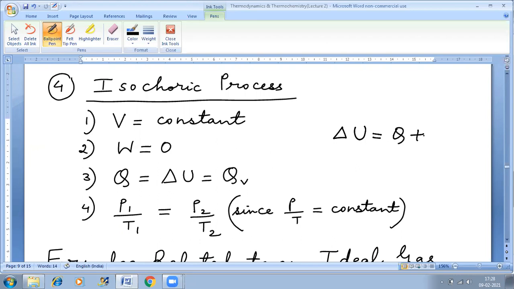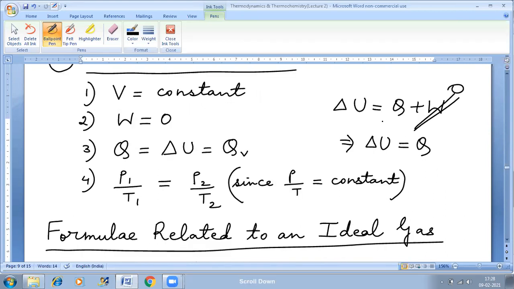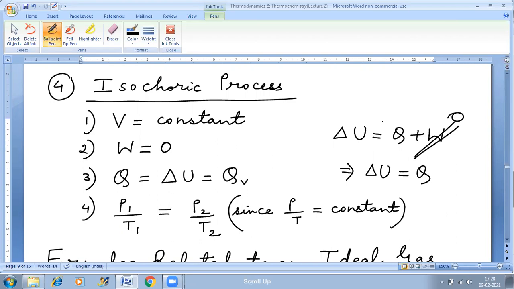Delta U is equal to Q plus W. Because volume is constant, this W goes, and so we are left with delta U is equal to Q. P1 upon T1 is equal to P2 upon T2. So these are the formulae for isochoric process.